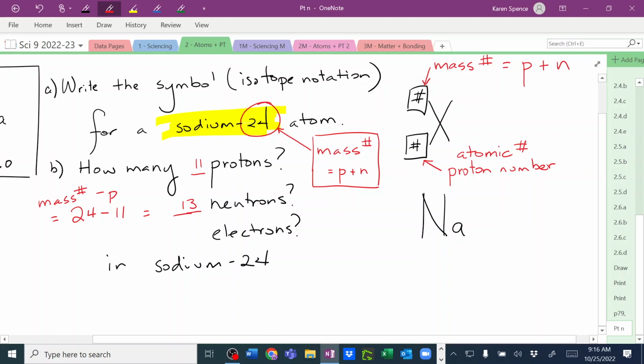And what about the electrons? What do we know about the electrons in an atom? Do you guys know what the charge of an atom is? Atoms are neutral.